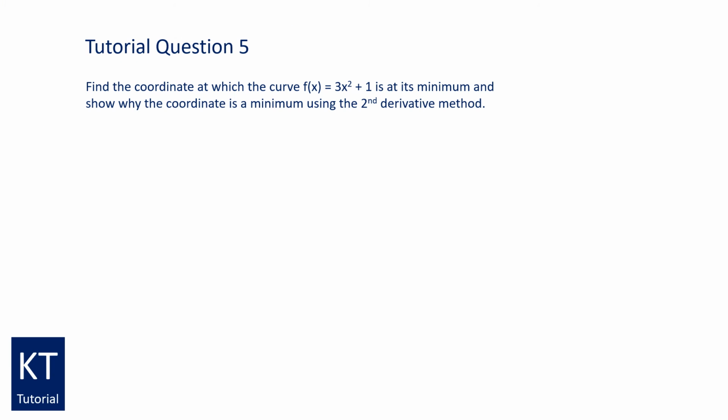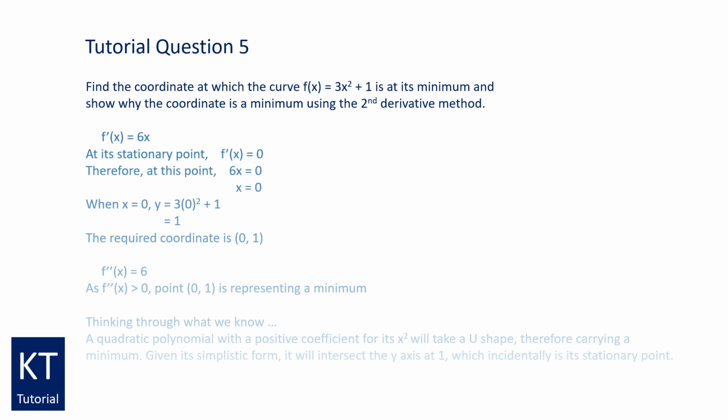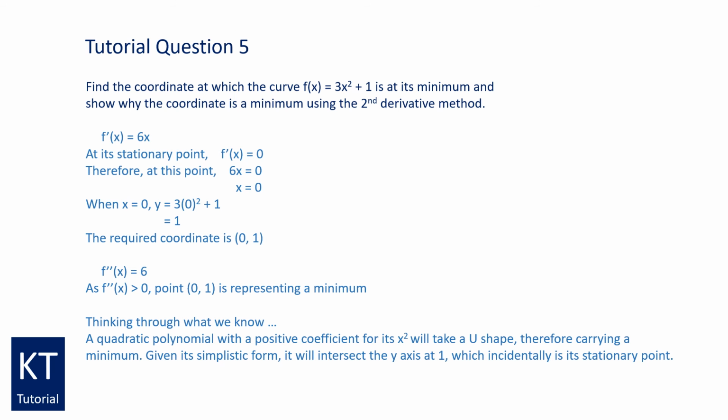Tutorial question 5. Find the coordinate at which the curve f(x) equals 3x squared plus 1 is at its minimum, and show why the coordinate is a minimum using the second derivative. We'll start the usual way of identifying its first derivative, knowing that at its stationary point its first derivative is equal to 0.